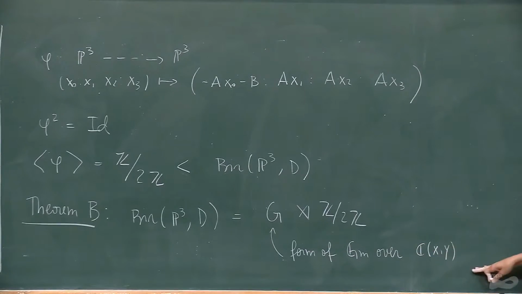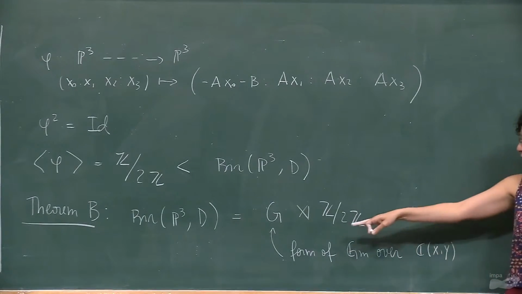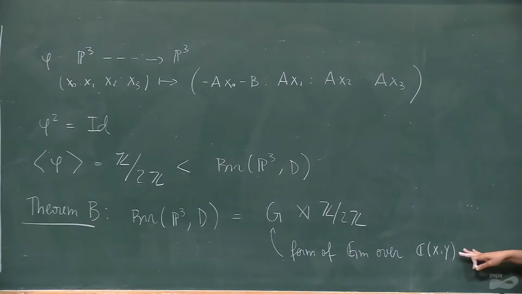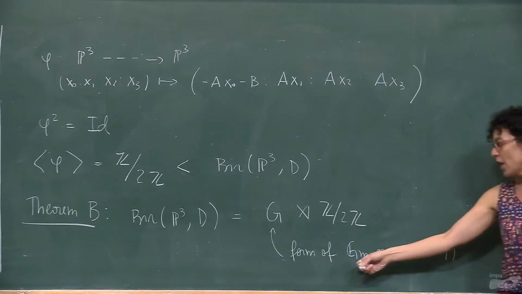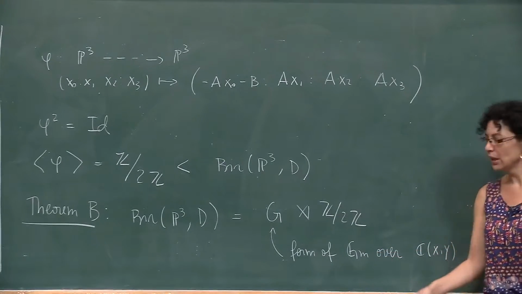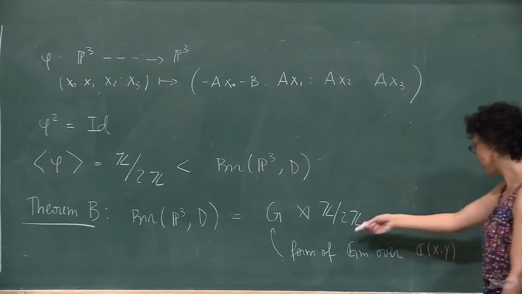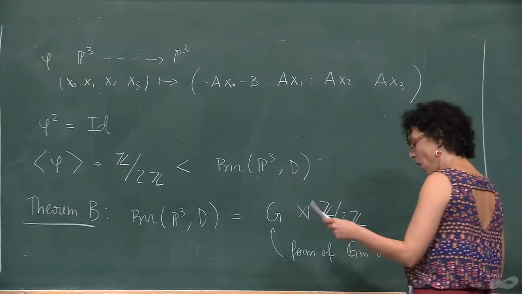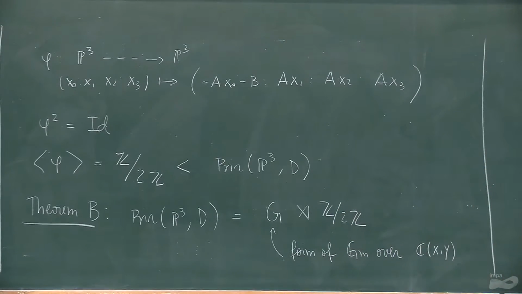So what does this mean? This means that this is an algebraic group defined over this field with the property that if I consider the algebraic closure of this field, then this group becomes Gm. But as I said, I can actually give you a precise description of all the elements in G. But I think I prefer not to do so.